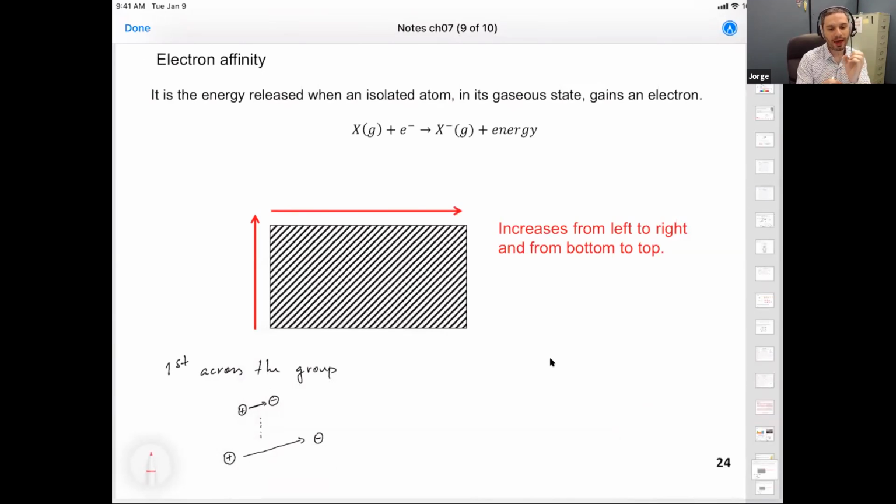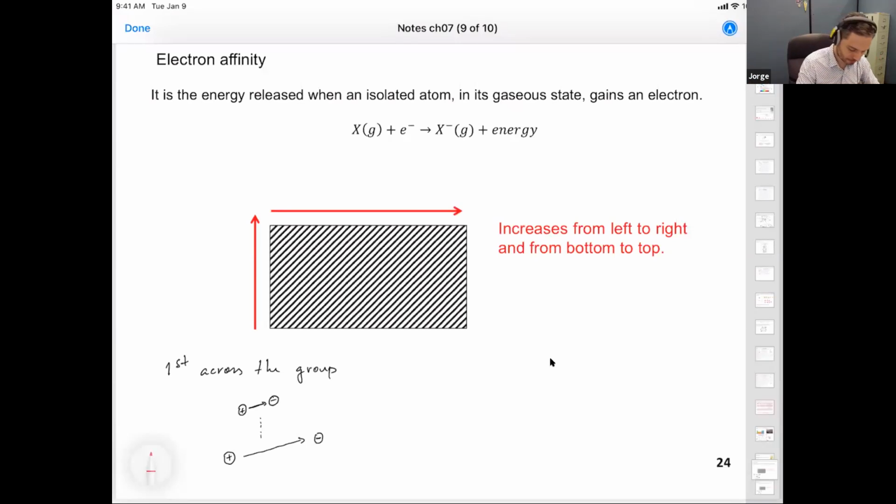So if we have a small atom and we add an extra electron, because the distance between nucleus and electron is very short, this atom is capable of holding really tight to the extra electron. On the other hand, if we have a large atom, an extra electron added is going to mean extra work. It's far from the nucleus. It cannot hold too tightly to this electron.